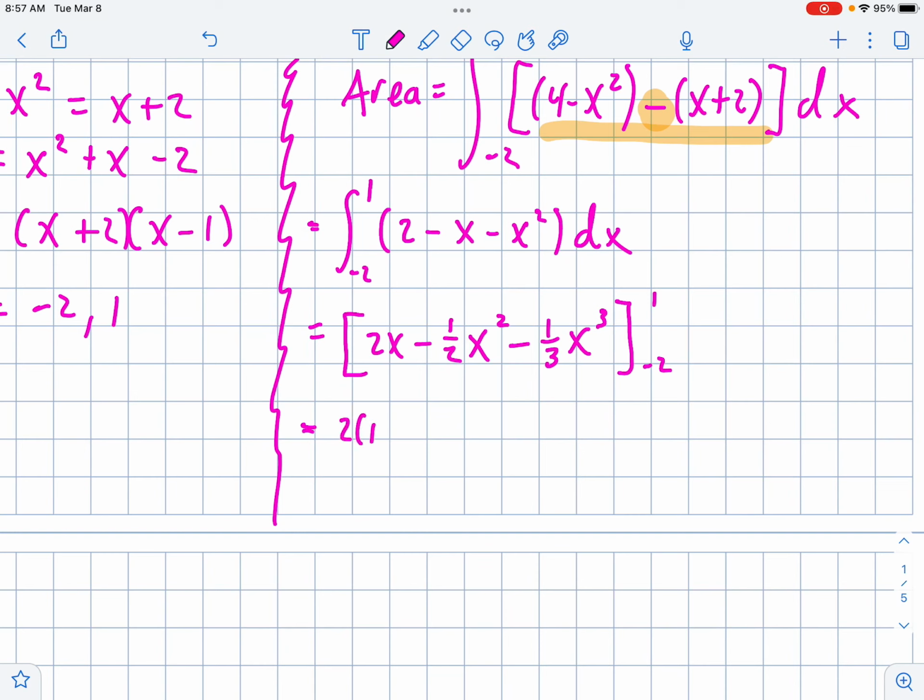Then if we plug those things in, we get 2 times 1 minus 1/2 times 1 squared minus 1/3 times 1 cubed, and then subtracted by 2 times negative 2 minus 1/2 times negative 2 squared minus 1/3 times negative 2 cubed.